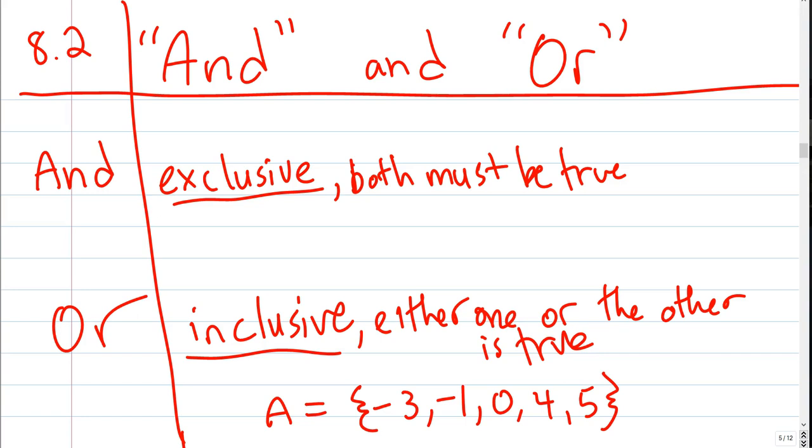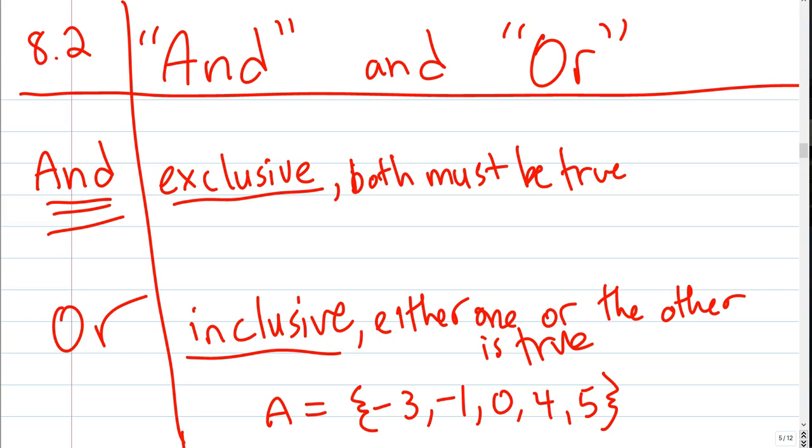The other example I like to give for this is if you talk to these girls and they go, oh, the perfect guy, right? He's this and this and this, tall and handsome and drives a nice car, and what's happening is they're using and, the group is getting smaller, to the point where he no longer exists. But the idea is it is exclusive, and you should be exclusive, because you don't want to say, well, the perfect guy could be this or tall or short, anything will do.